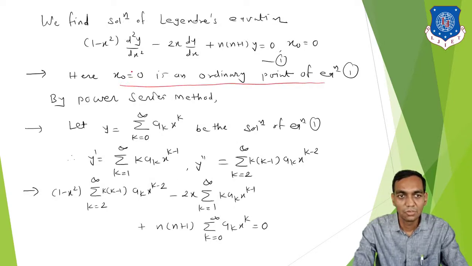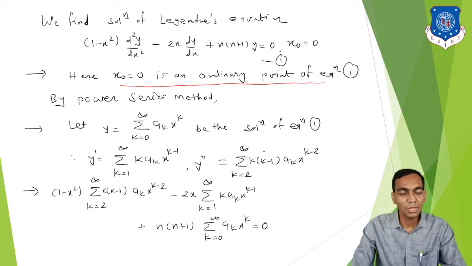So if we use the power series solution method, we assume y is equal to sigma ak x raised to k, then y dash is the sum for k running from 1 to infinity of k ak x raised to k minus 1, and y double dash is the sum for k running from 2 to infinity of k(k minus 1) ak x raised to k minus 2.